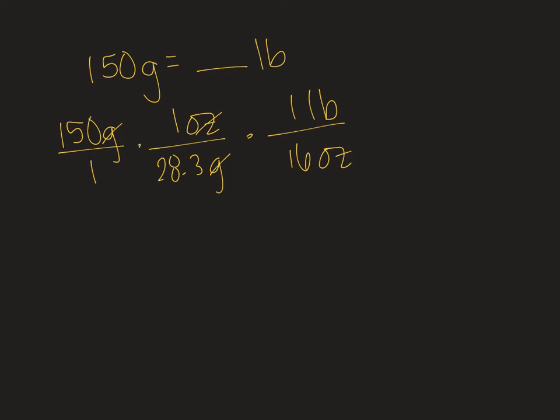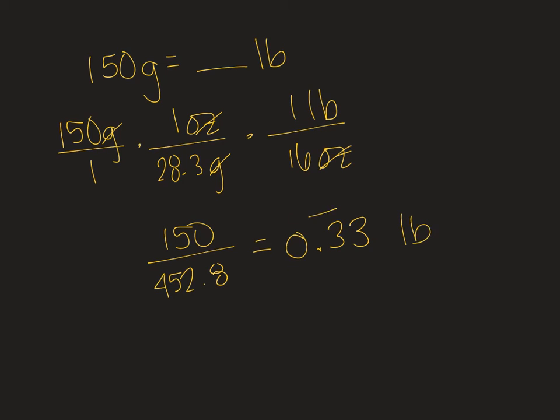Cancel the units. That leaves me with pounds, and then do your multiplication and finish with division. So I'm going to have 150 in my numerator, and then 28.3 times 16 in the denominator, which is 452.8. 150 divided by 452.8 gives me 0.33 pounds.